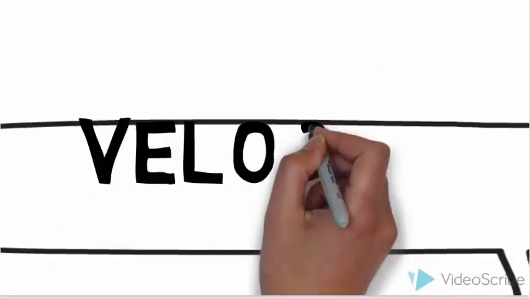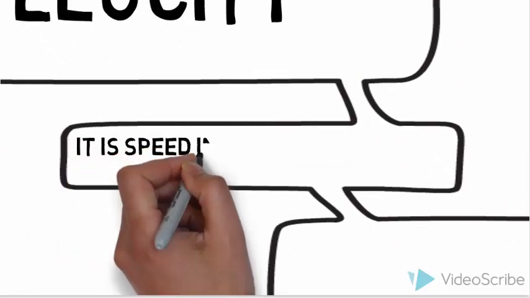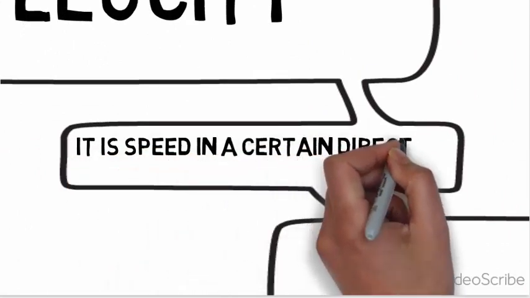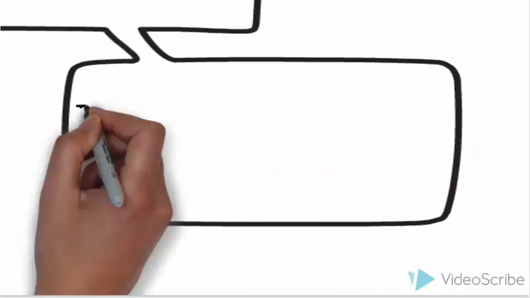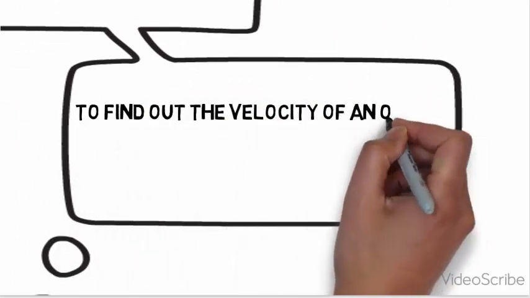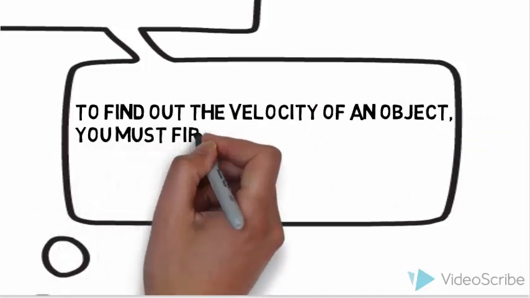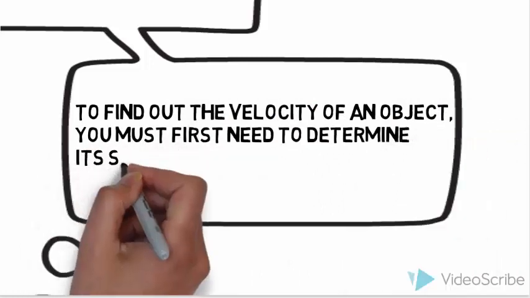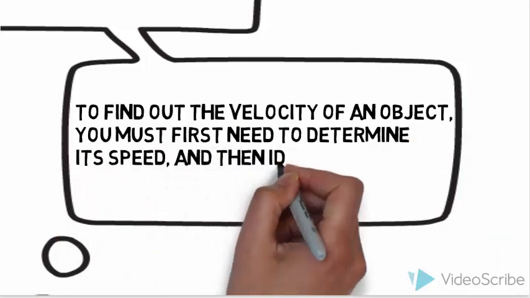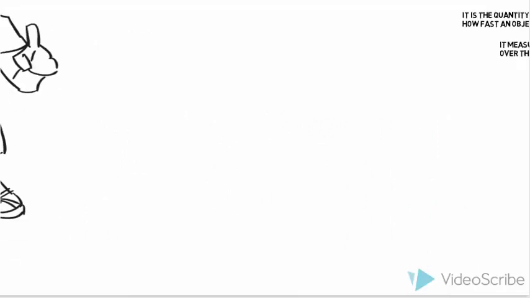Our second quantity is velocity. What is velocity? It is speed in a certain direction. To find out the velocity of an object, you need to first identify or determine the different variables needed in order to solve for the speed, and then identify the given direction.